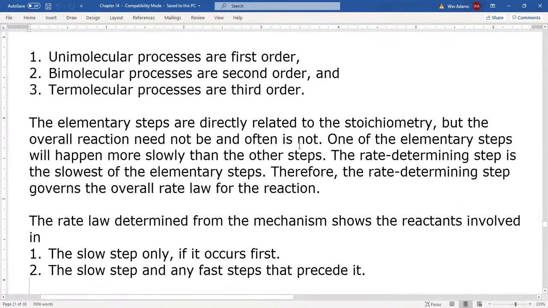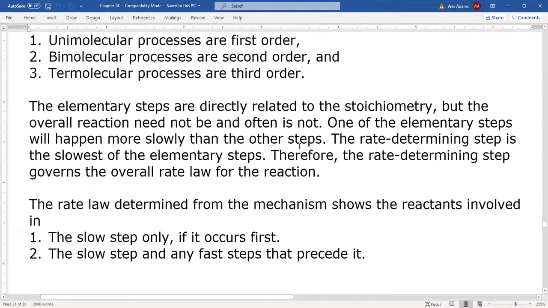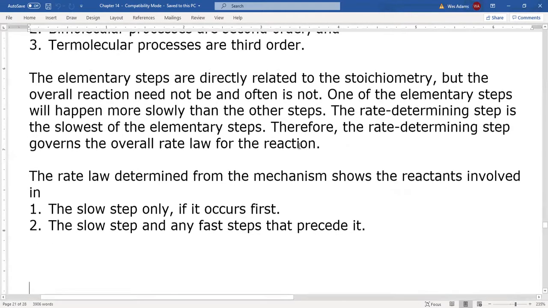And so the rate law determined from the mechanism shows the reactants involved in the slow step only if it occurs first, or the slow step and any fast steps that precede it. And for you to have a proper mechanism, the orders of each reactant, once you're done with the mechanism, should match the experimentally determined reaction orders, or you don't really have a good mechanism.